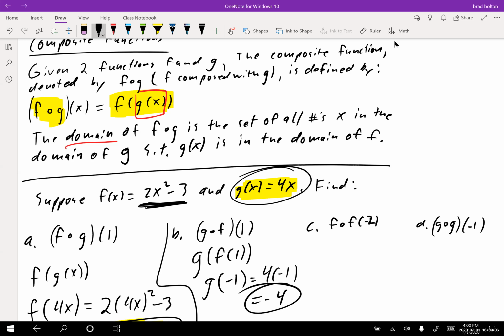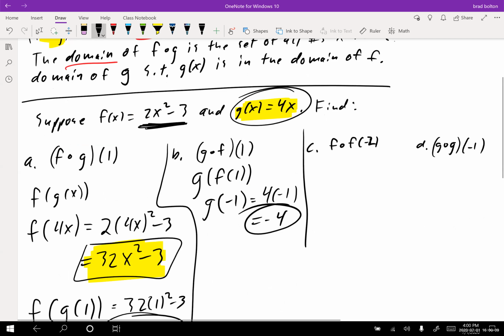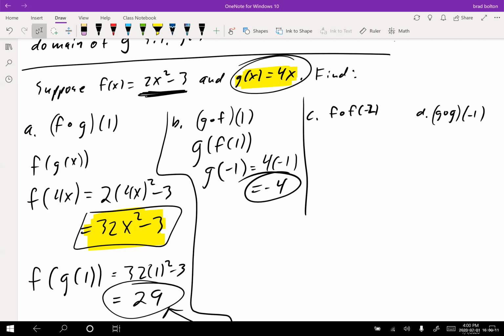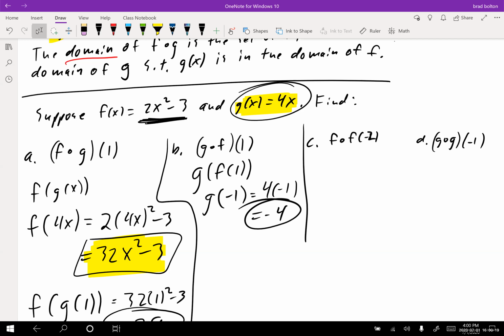So that's my answer. That's the faster way you can do it. If they give you a number like 1 or 2 or 3, it's much faster to plug that in, okay? Basically, keep in mind that I'm first finding f of 1, then I plug that number into g, and that's how you find g of f of 1, or g composed with f of 1, okay?